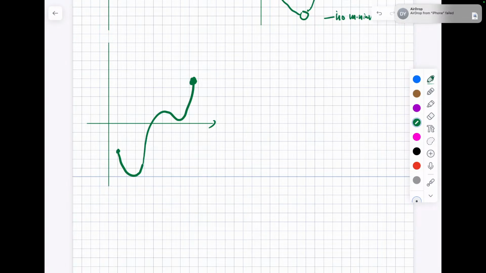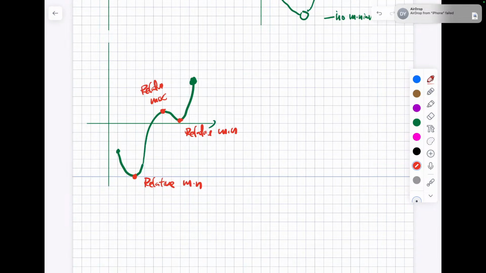Obviously, there is a minimum and there's a maximum. Now there are two here, we've got to be careful. This is gonna be a relative min. And this point is a relative max. And this point is a relative min.